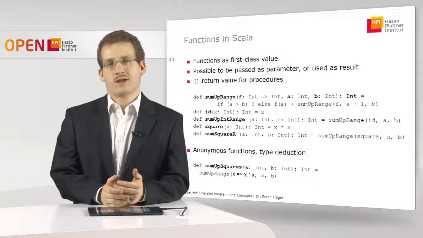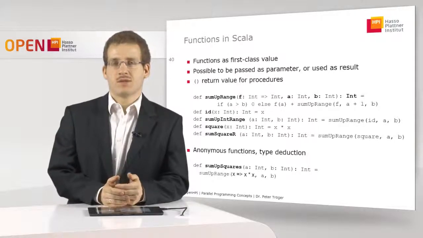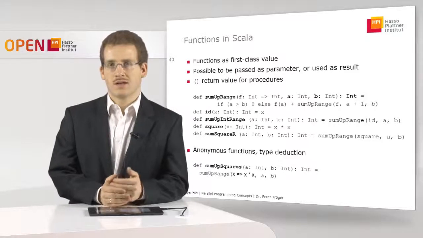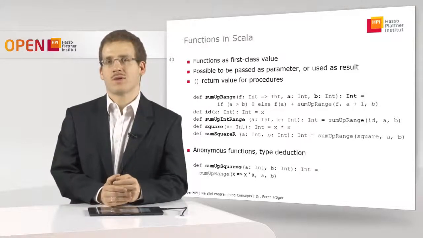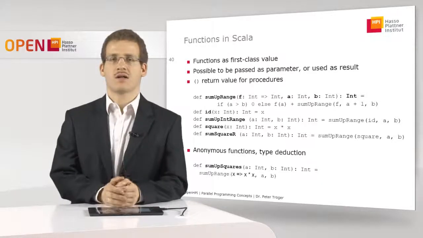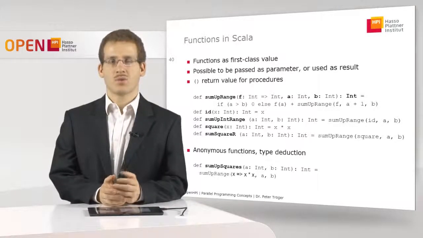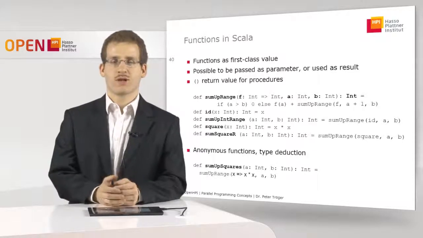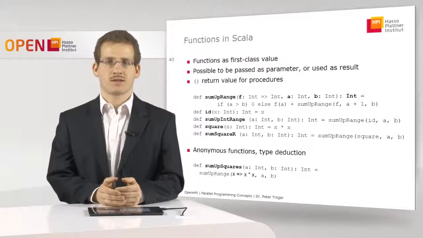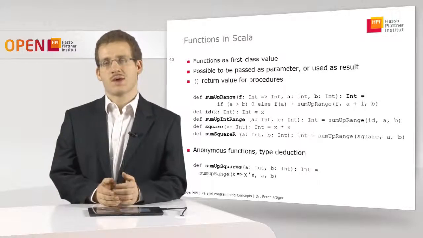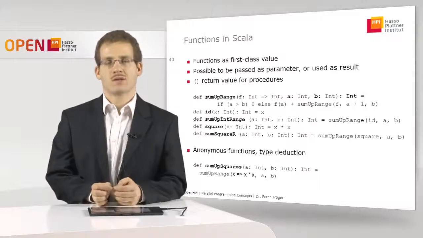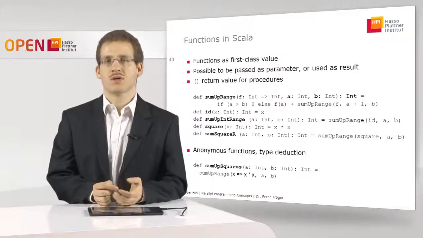So when we take functions as the most interesting point in the implementation of Scala, the idea of having functions as a first-class language construct, the question is, how is this expressed in Scala? Here we see an example of how this works. You see that we have a function definition for sumUpRange. This is a function that is expected to sum up all values from A to B, and it's implemented as a so-called tail recursion call.